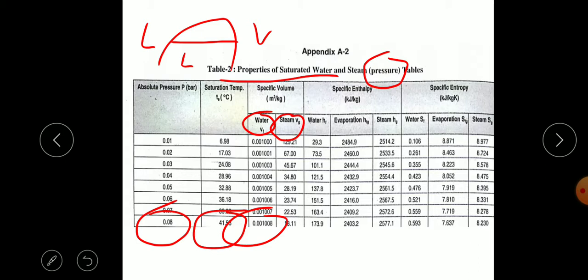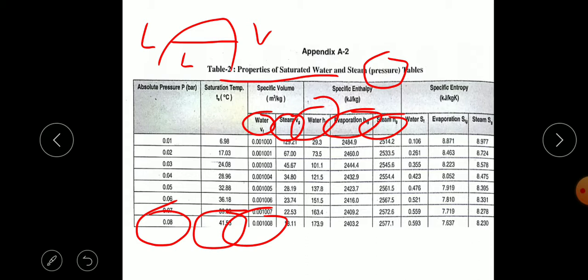Similarly enthalpies. Specific means per kg, so all these properties are per kg of the steam. So we can find HF here as the liquid heat, then evaporation HFG, and lastly Hg.